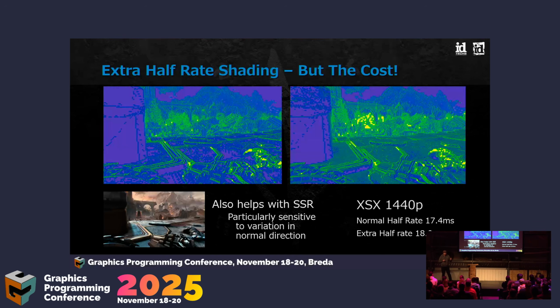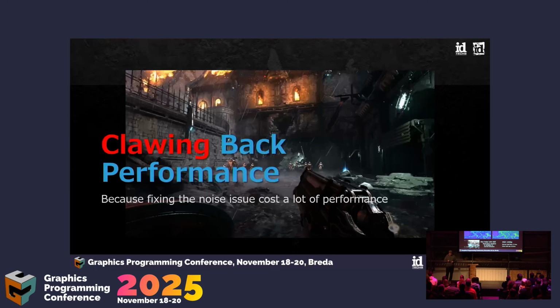It did help with normals as well for SSR, because we are generating more difference in the G-buffer normals, and reflections are particularly sensitive to the G-buffer normal. So we just lost a load of our performance. Sad times.